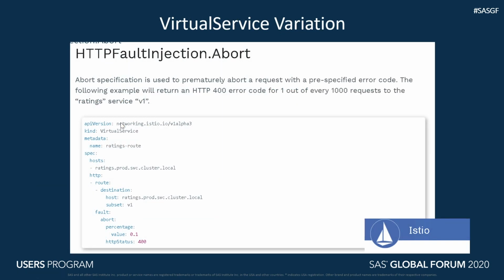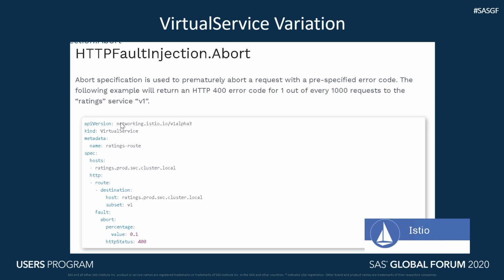Some virtual service variations allow us to do some of the advanced functionality we can get with Istio. One is the fault injection abort setting. It's a specification to allow us to prematurely abort a request. So why would we want to do that? Well, think about it from the testing standpoint. If you wanted to, say, every so often throw a 400 or 500 HTTP error back from your application while you're testing it, this would be one way to do it.